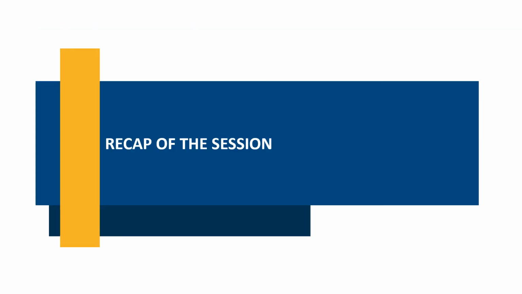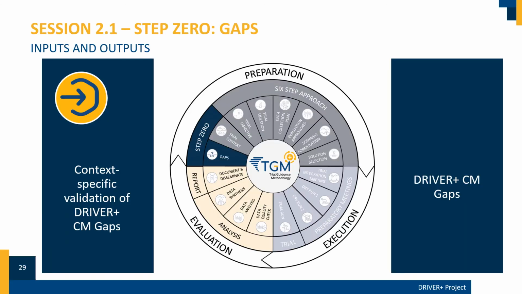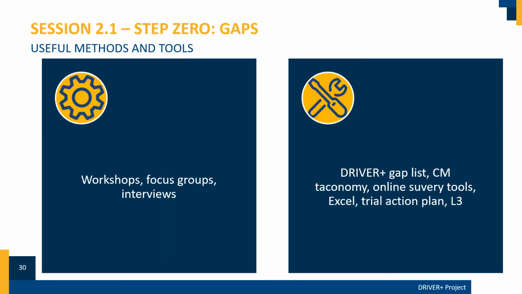Now just a short recap of this session 2.1. In the gaps part of step 0, your input can be the Driver Plus Crisis Management Gap List as presented in session 5.3. Your output should be a context-specific validation of Driver Plus Crisis Management gaps. The methods for gap identification are workshops, focus groups, and interviews.